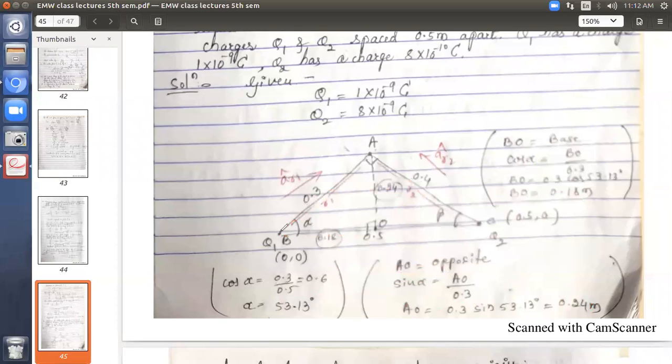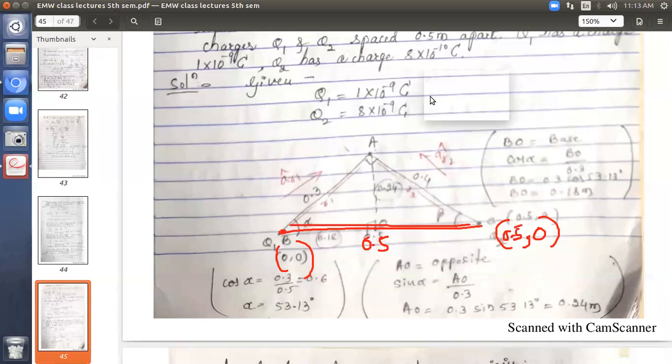And as the origin point, I can start this at 0, 0. And it is given that the distance between Q1 and Q2 is 0.5. So here in the X direction, the point is 0.5. There is no change in Y, okay? Only horizontal change is there, 0 to 0.5. Y direction is 0.